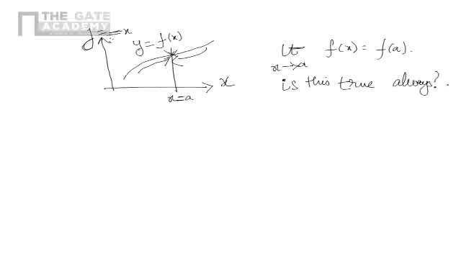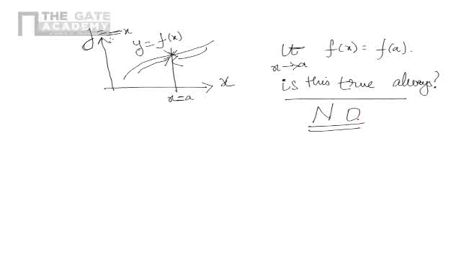Basically, let us ask this question again and again in maths to understand many concepts. Is this true always? The answer is a very big no. This need not happen always.